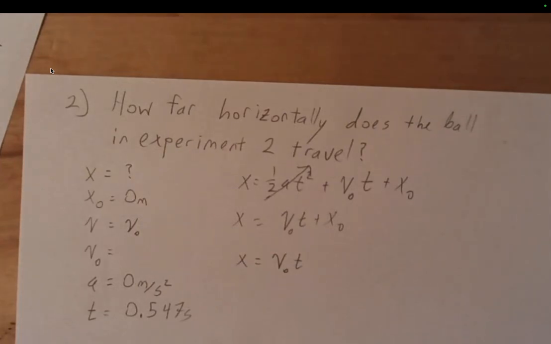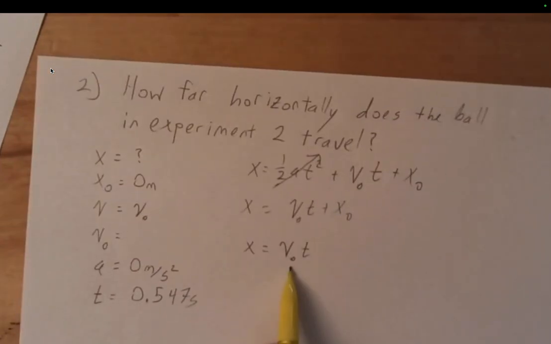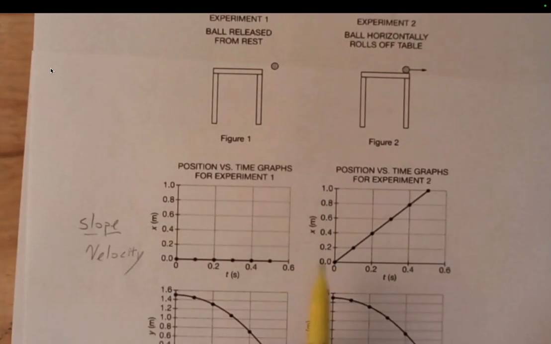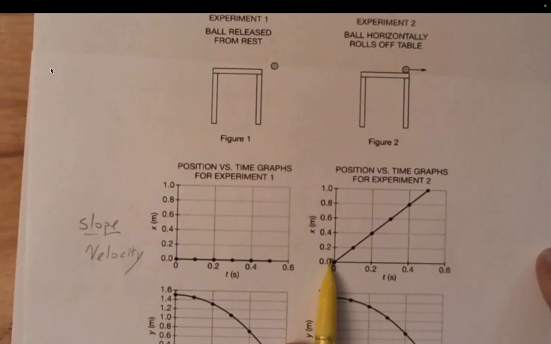So the only thing we don't have here is what v naught is. We can get that because we know that on this graph the slope of position versus time is the velocity.